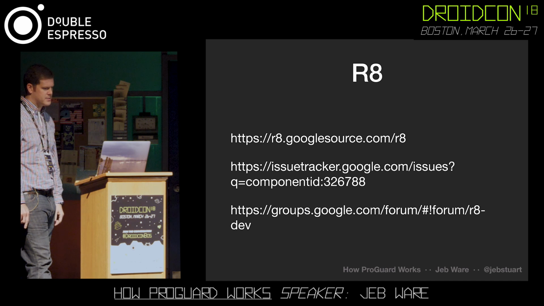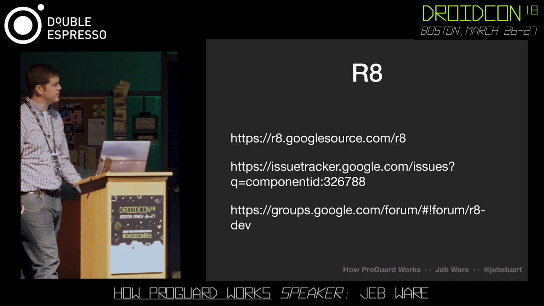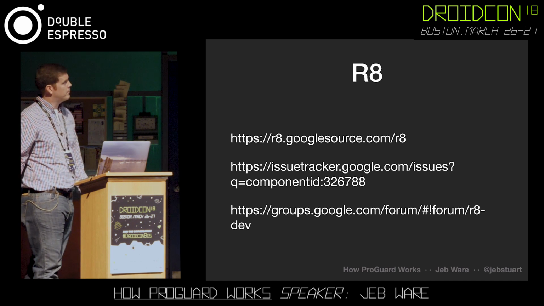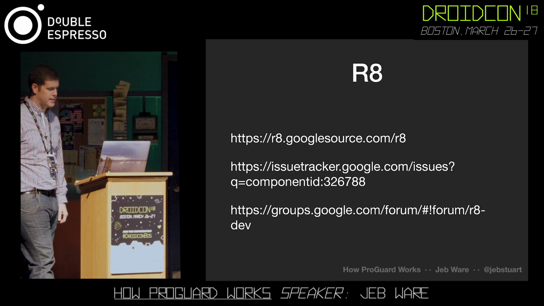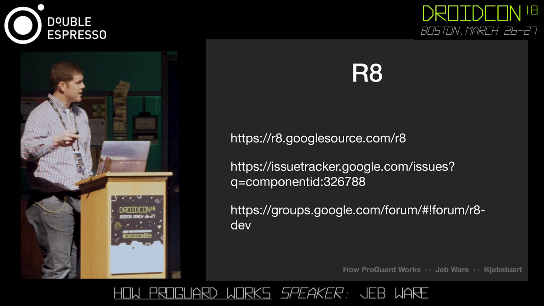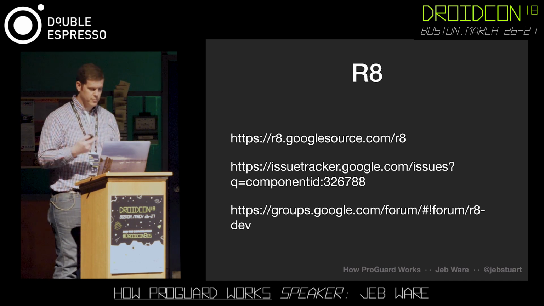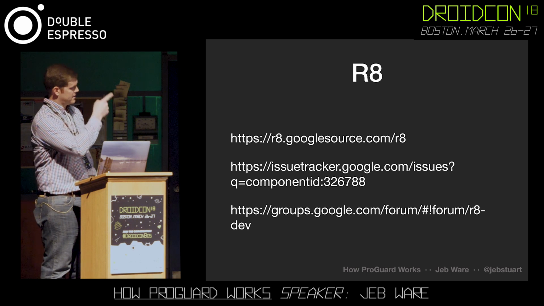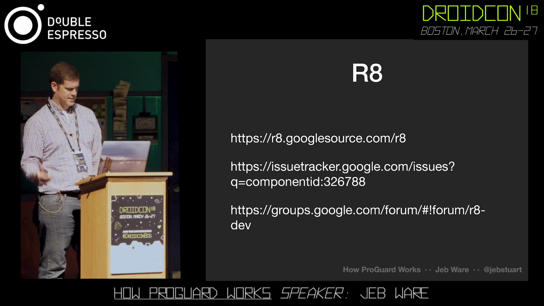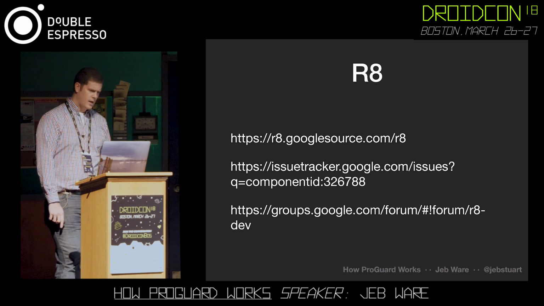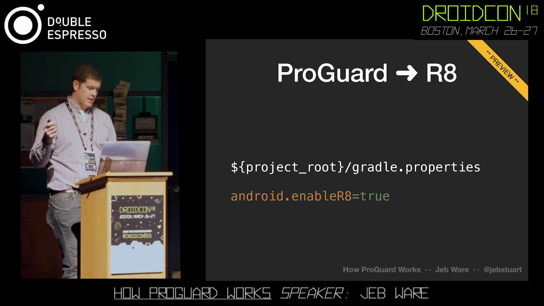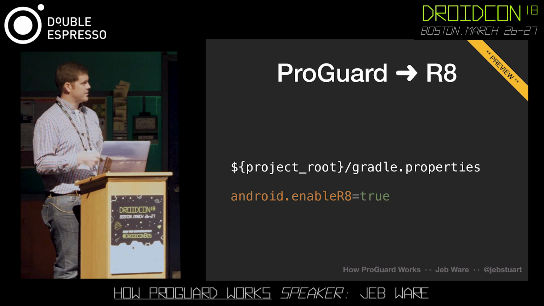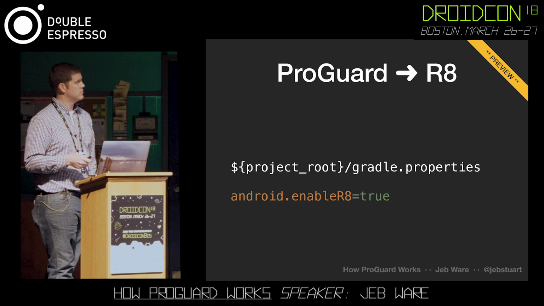R8 is open source. You can see commits every day as they're going in. The issue tracker is open. They've got a Google Groups forum that seems to be basically just a feed of commits and issues that come in. I mentioned you can turn that on now as of Android Gradle plugin 3.2.